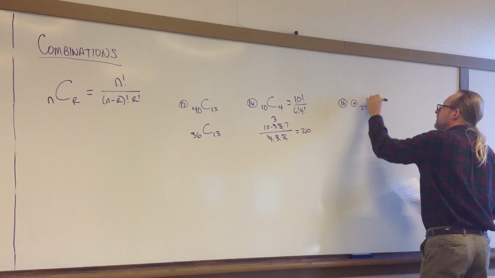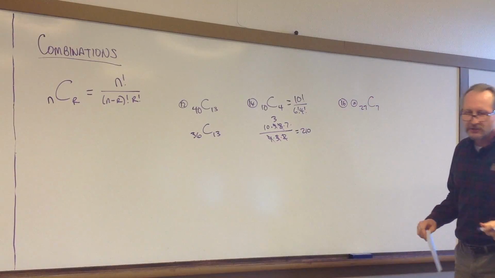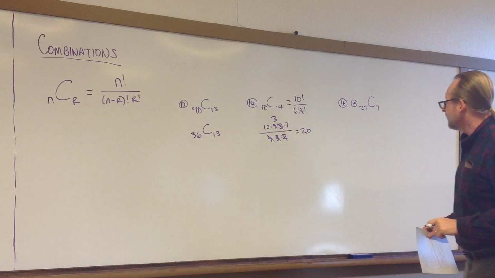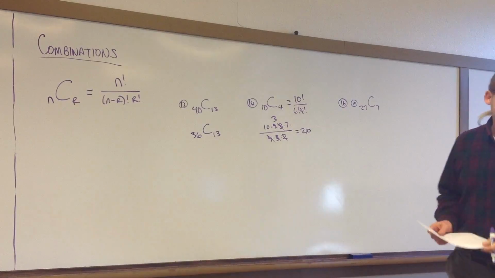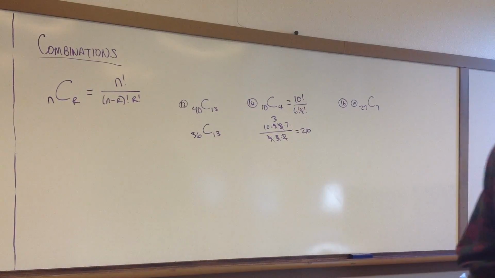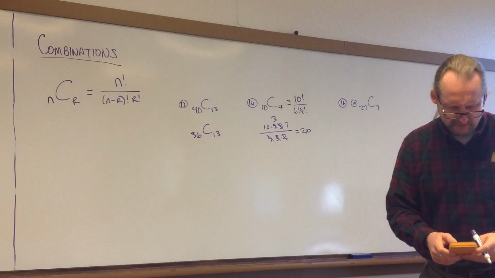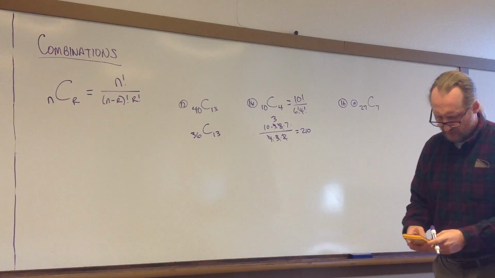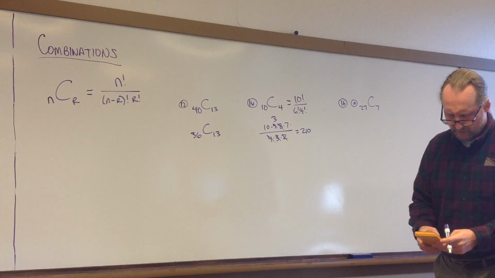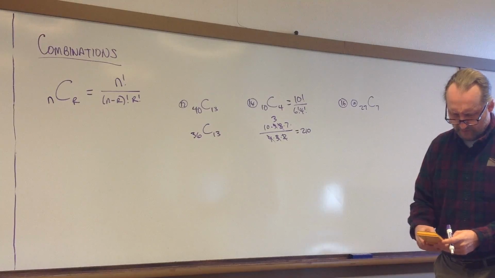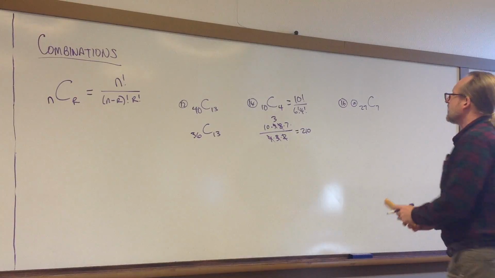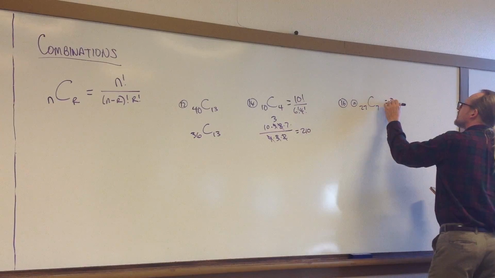We've got 27 people, and we want to choose 7 of them to collect firewood, so it would be 27C7. Let's see what that comes out to be here. $888,030.